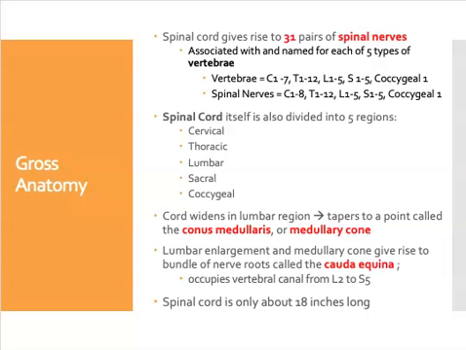It's called the cauda equina. So in the space created by the vertebral canal between approximately L2 and S5, there is no cord. There's a bundle of nerve roots, and they are called the cauda equina.